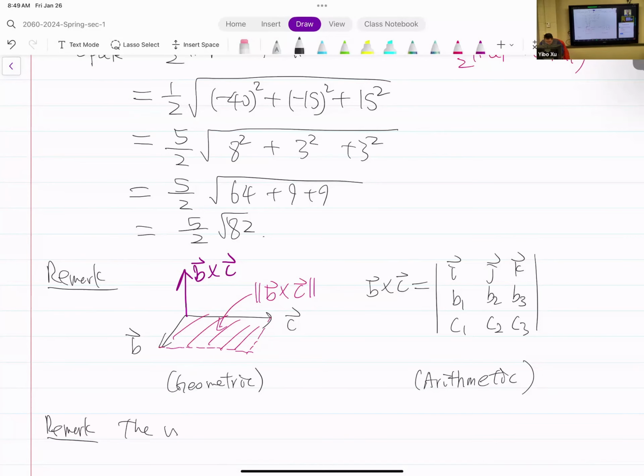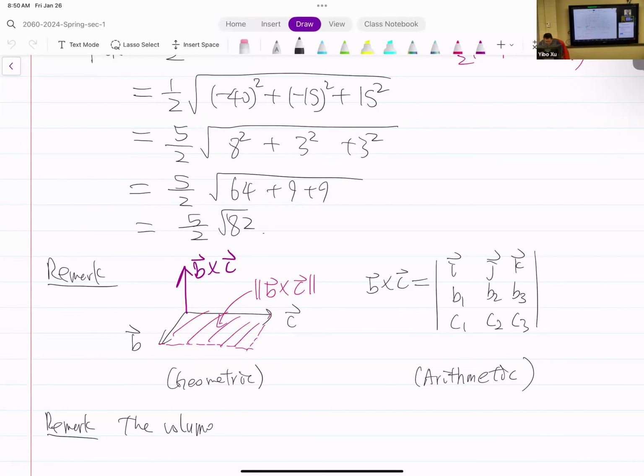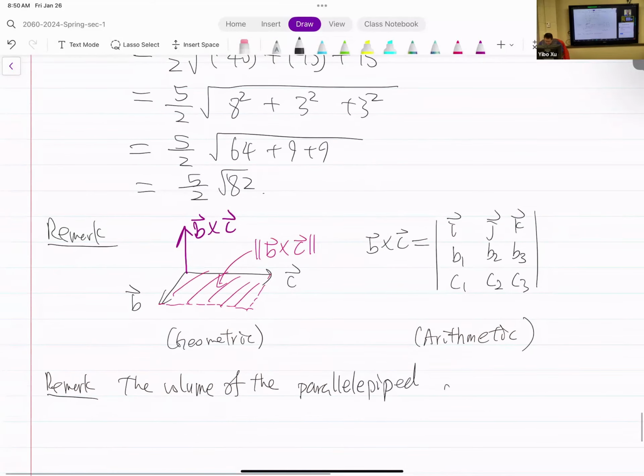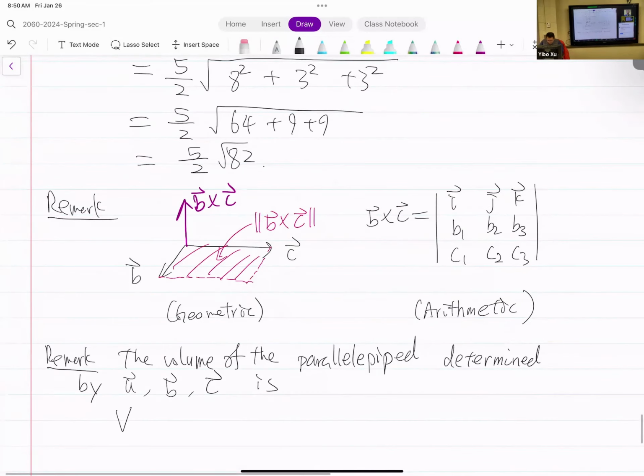The volume. So the volume of the parallelepiped determined by 3 vectors A, B, and C is, if you remember at the beginning of the class, we said we have that vector U dotted with A. That will be the volume of the parallelepiped, right?